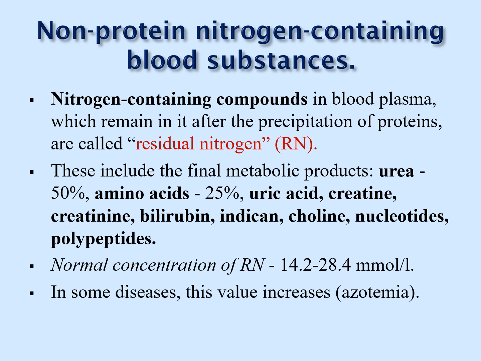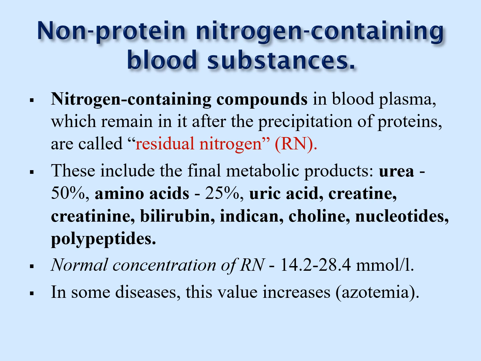Only after precipitation of proteins, in the supernatant we can define the concentration of chemical compounds in this fraction. In the fraction of residual nitrogen we can find urea, approximately 50%, amino acids, uric acid, creatine, creatinine, bilirubin, indican, choline, nucleotides, polypeptides. The nature of these compounds we will discuss in practical class.